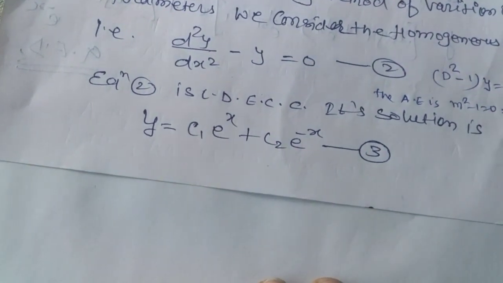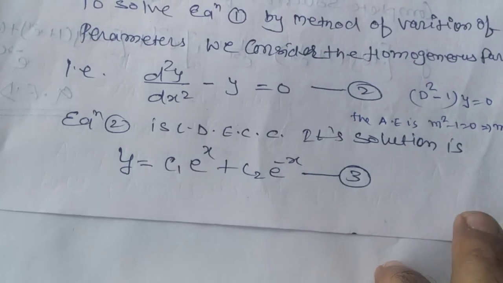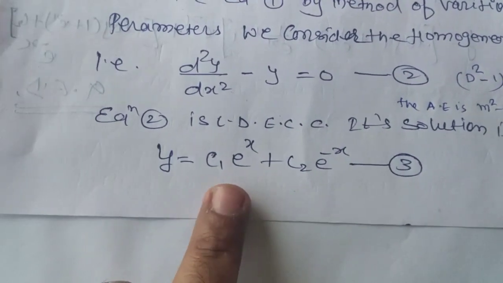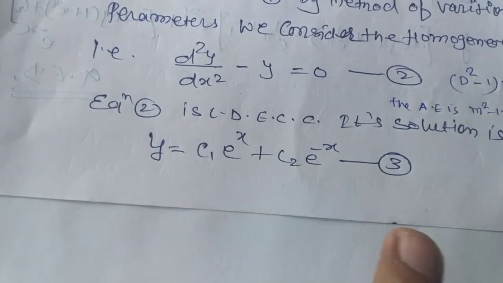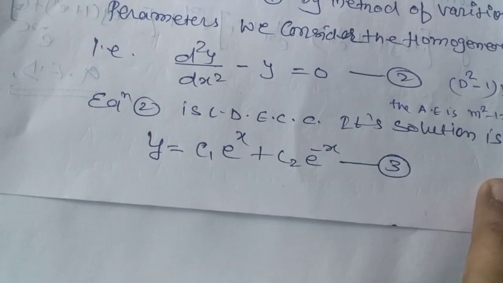Now we consider the complete solution of equation 1 parallel to this solution, by replacing c1 and c2 with arbitrary functions of x, a and b.